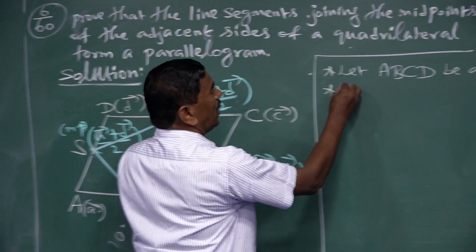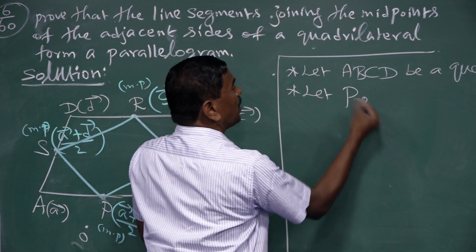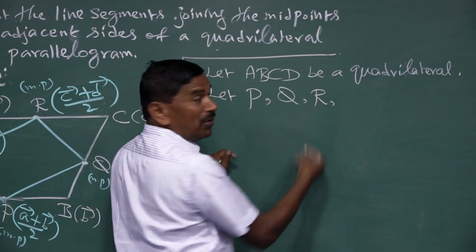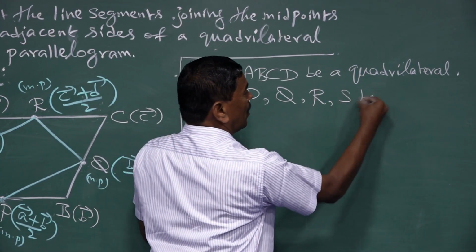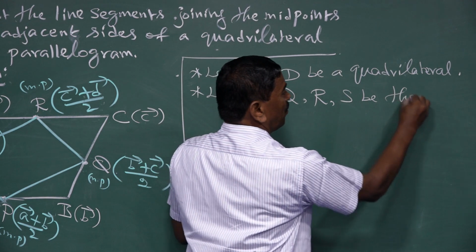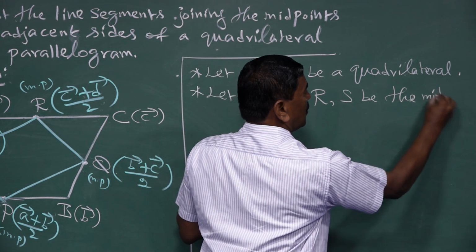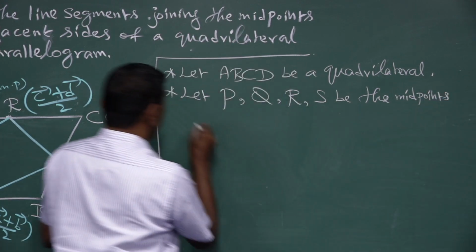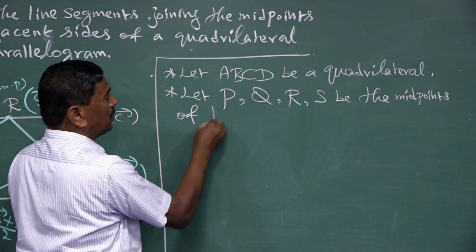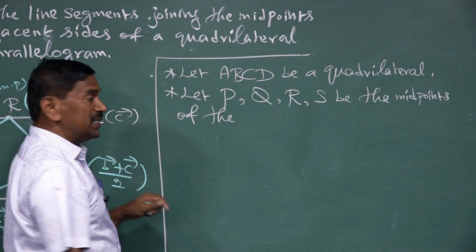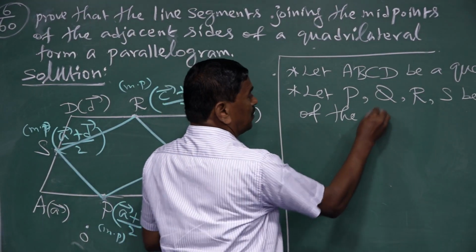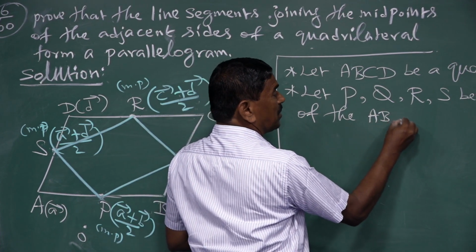Step 2. Let P, Q, R, S be the midpoints of the sides AB, BC, CD, DA.